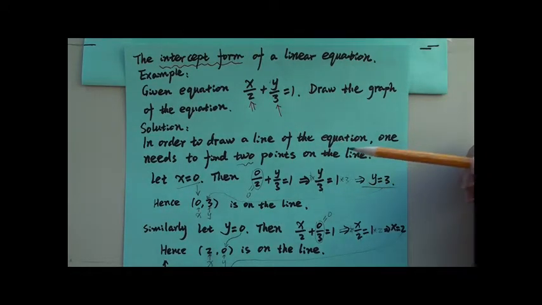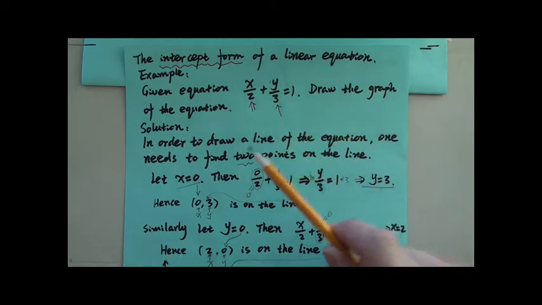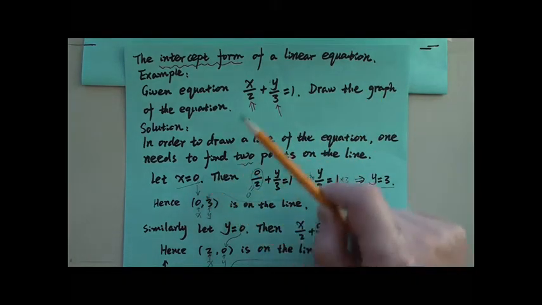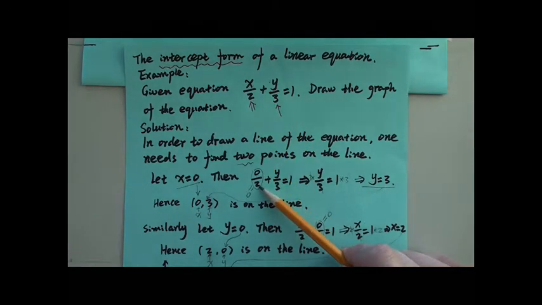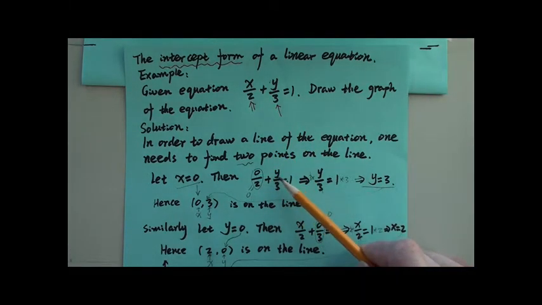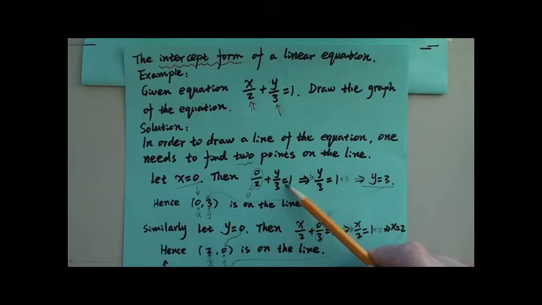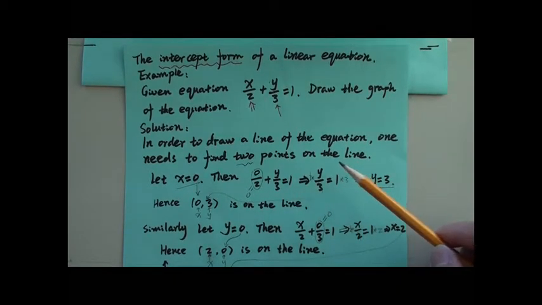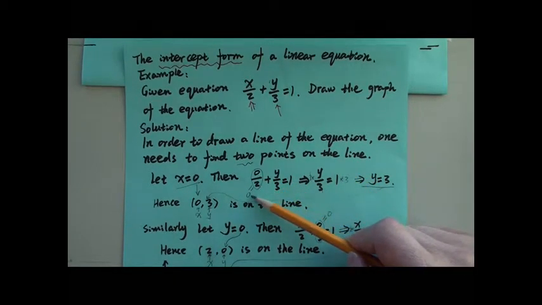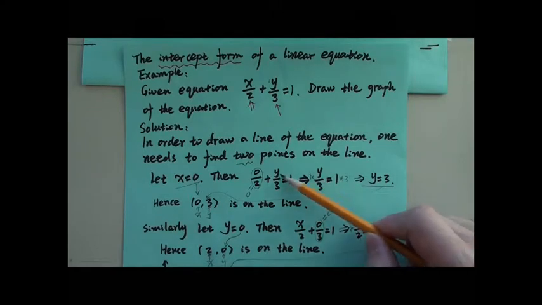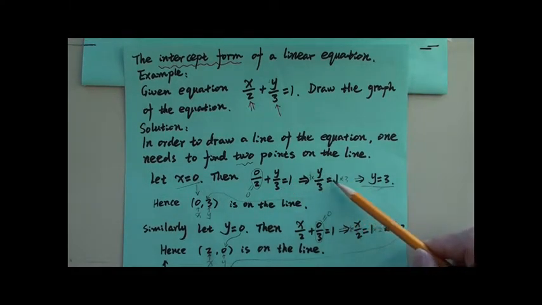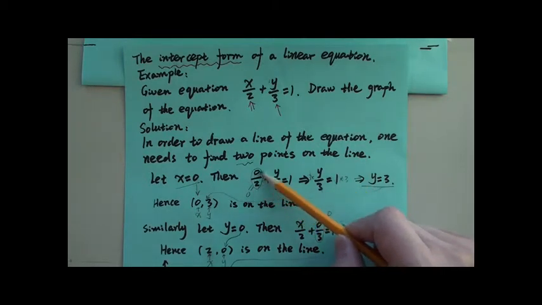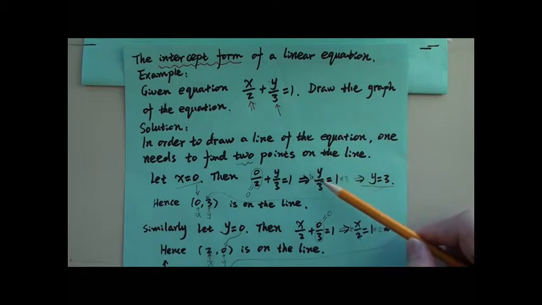How to find out? If we let x be 0, you plug in here, then it's 0 divided by 2 plus y over 3 equals 1. 0 divided by 2 is 0. Y over 3, you put it right here, and the right hand side is just 1 because this one is 0, so we no longer need to write it.